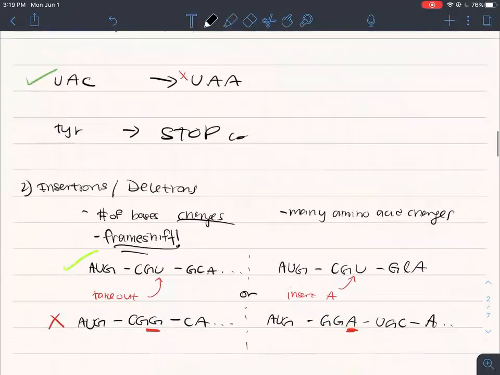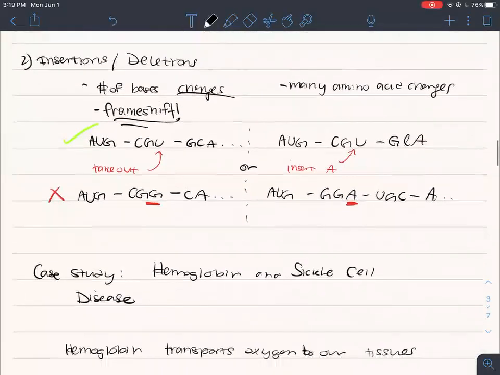And the other type is insertions and deletions. The main difference is that this one could cause a frame shift and the number of base pairs changes. Compared to just one substitution where maybe one amino acid changed, like in missense, this one has a greater chance of changing many amino acids.